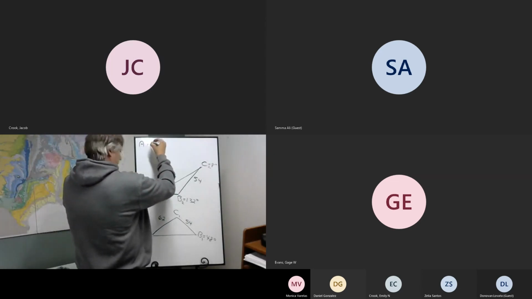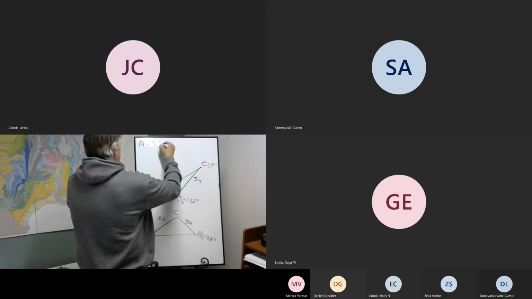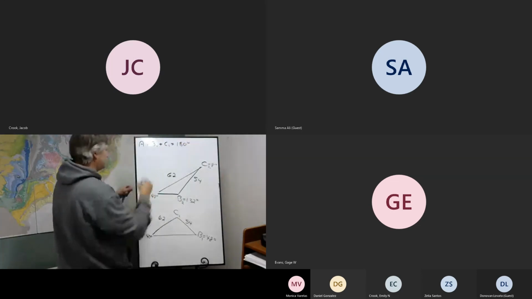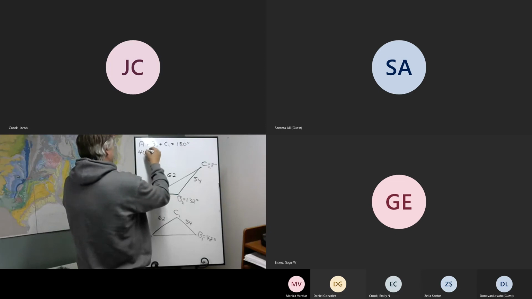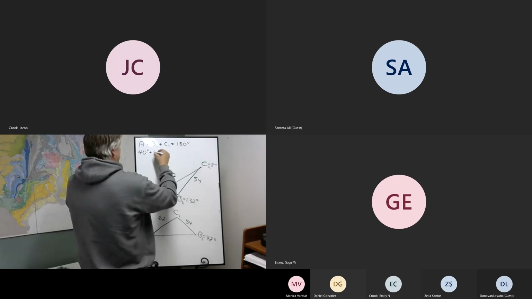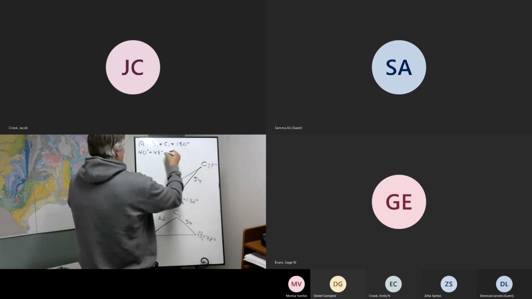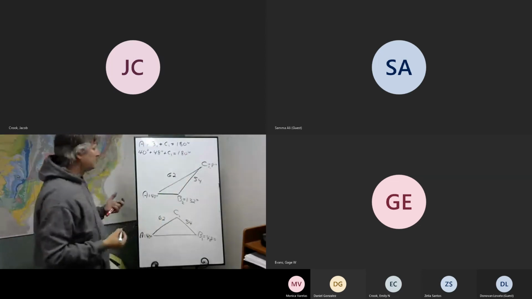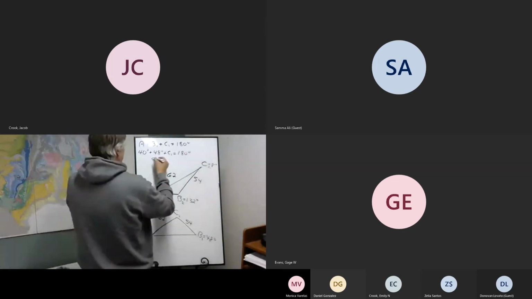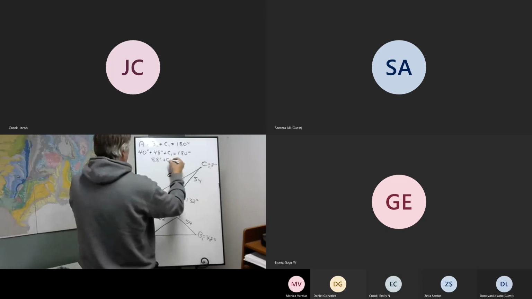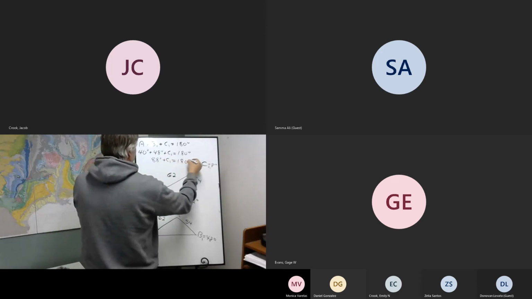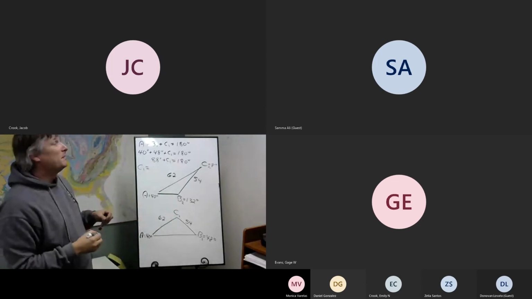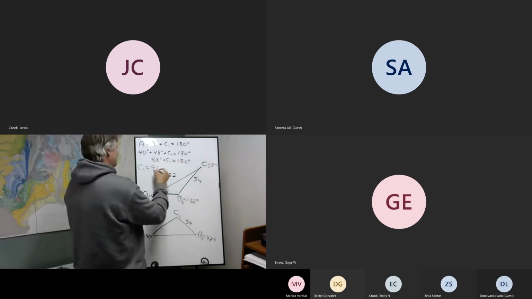A plus B1 plus C1 equals 180 degrees, or 40 degrees plus 48 degrees plus C1 equals 180 degrees. 88 degrees plus C1 equals 180 degrees, or C1, doing some mental math, is 92 degrees.